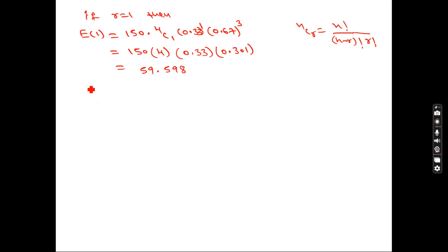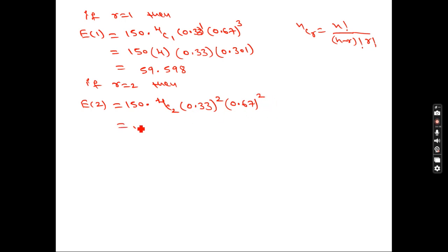So finally, if you multiply all these values, you will get 59.598. Similarly, you calculate if r equal to 2, then E of 2 is equal to 150 into 4C2 and 0.33 power 2 into 0.67 power 4 minus 2, which is 2.